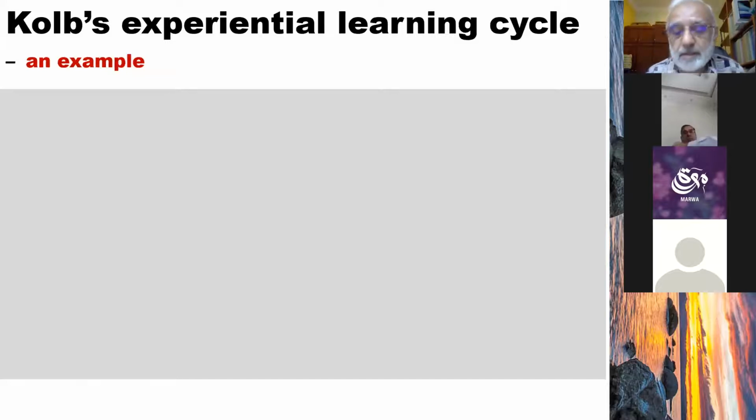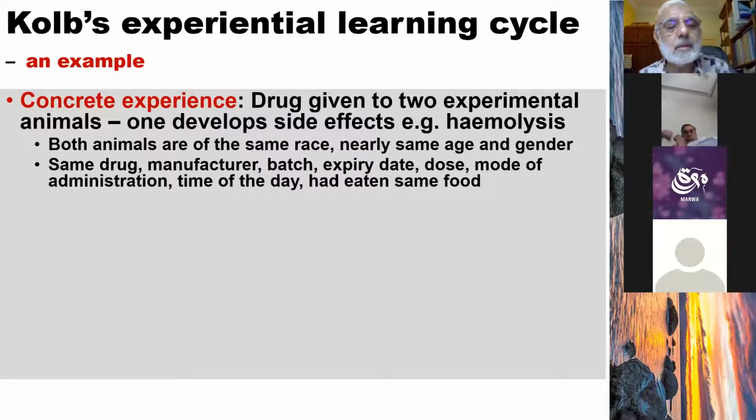Here is another example. Concrete experience: a drug is given to two experimental animals. One develops side effects, for example, hemolysis. Both animals are of the same race, nearly the same age and gender. The same drug is given.